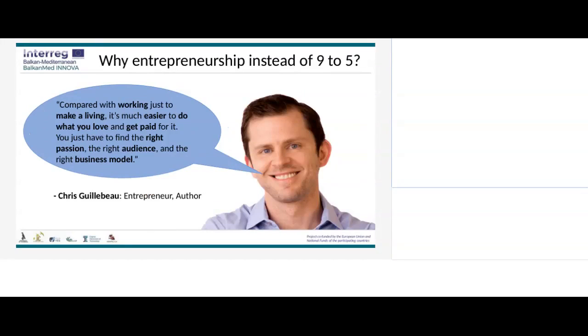If you're passionate about something and you can turn that into a business, and you start doing what you love and get paid for it, this is really the right thing to do. Everyone can turn their passion into a business if they are able to find the right audience that will pay for it, and the right business model, of course.